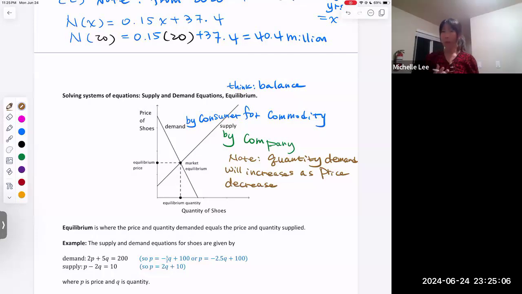And we can say the quantity demand will decrease as price increases, right? So opposite way. Okay, now, once again, equilibrium is where the quantity demanded equals the quantity supplied. So that's the equals.